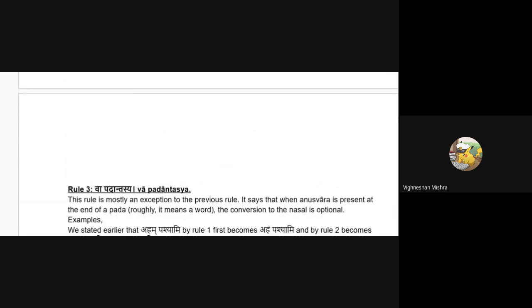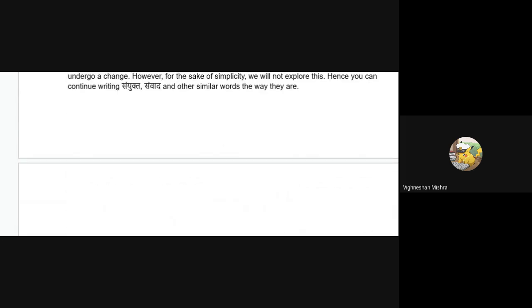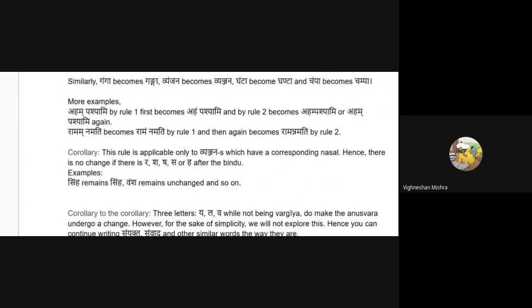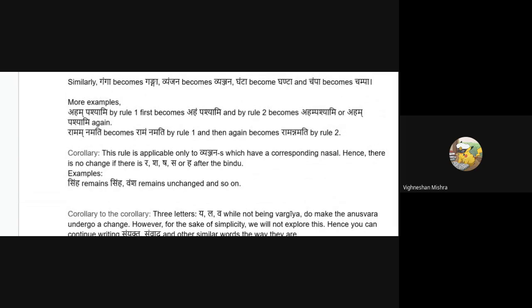Okay. Is it clear up till here? We will not move to rule 3 until every part of this is clear. Yeah, you can have a look at it. Tell me if there is anything. Also, raise your hands, or thumbs up, thumbs down, for whether you understood this or not.